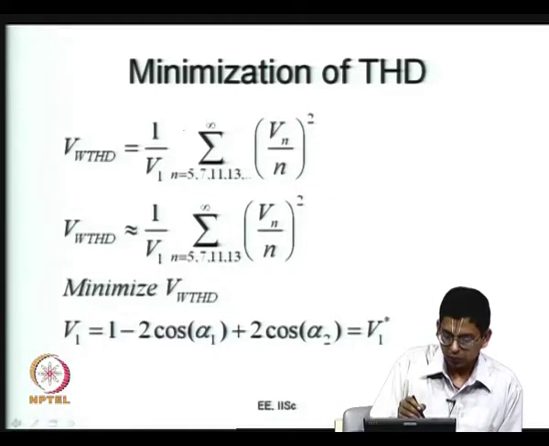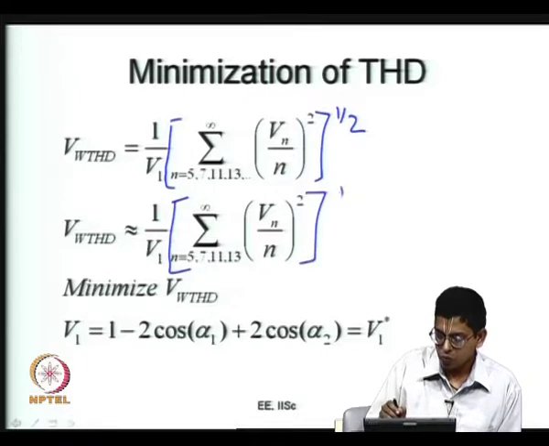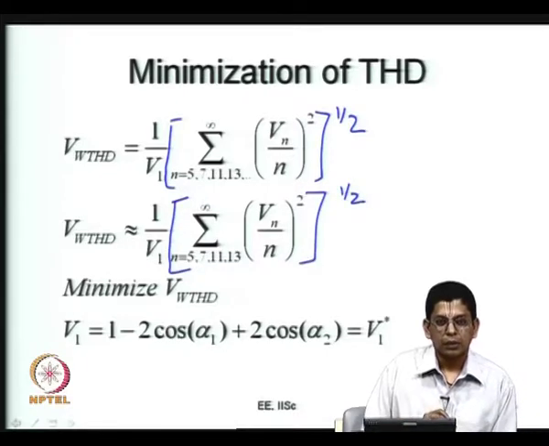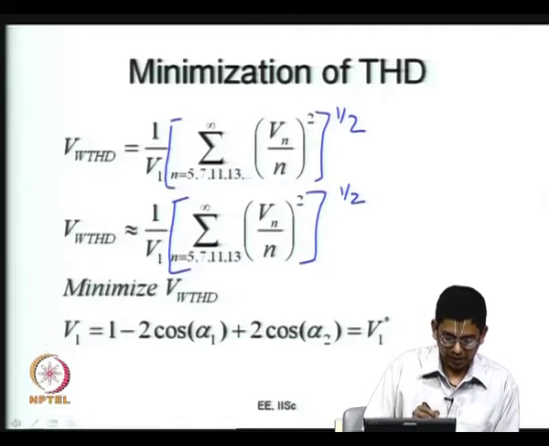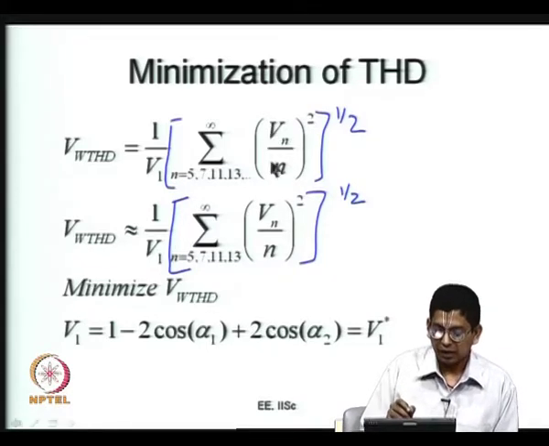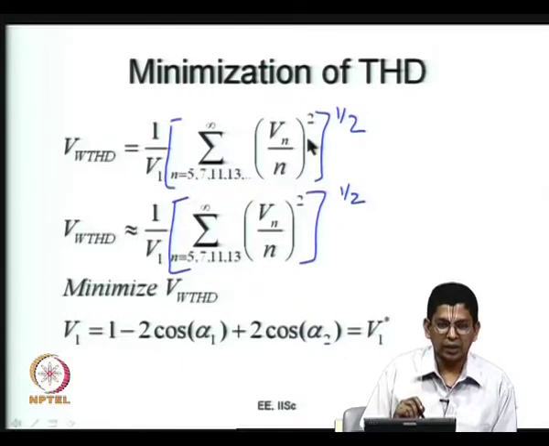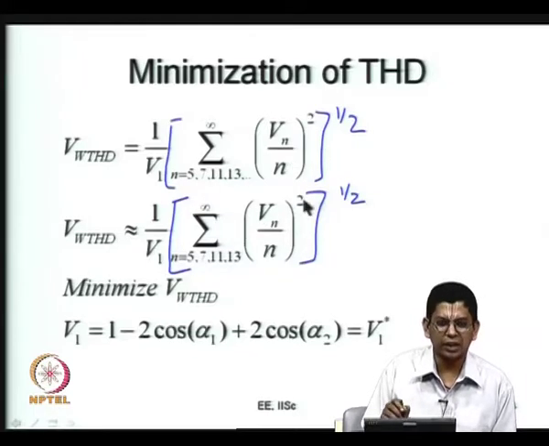What you would normally have is a square root on this. So this Vn by n is indicative of the nth harmonic current, and the sigma of Vn by n the whole squared is a measure of sigma In squared, that is all the harmonic currents added together, the total ripple current.